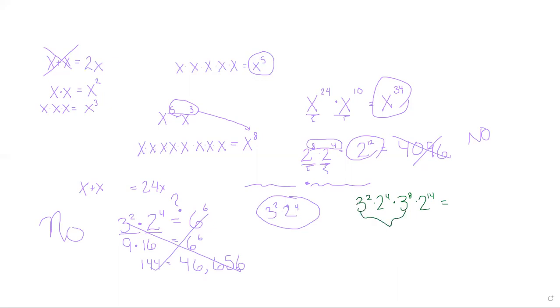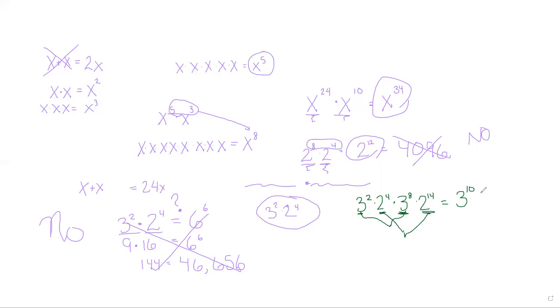Let's combine just the 3's. We have 3 squared times 3 to the 8th. The bases are the same, which is very important. So the base stays the same. It's 3. I don't multiply the base. It doesn't become 9. It's still 3. And then I have 2 plus 8 is 10. So 3 to the 10th times, let's see, I have 2 to the 4th times 2 to the 14th.